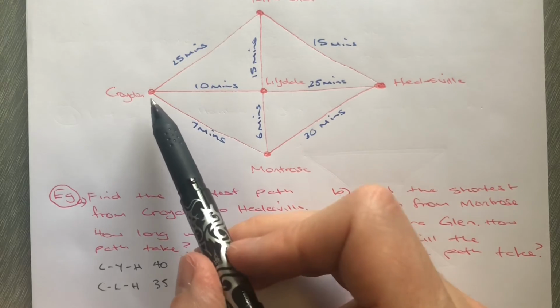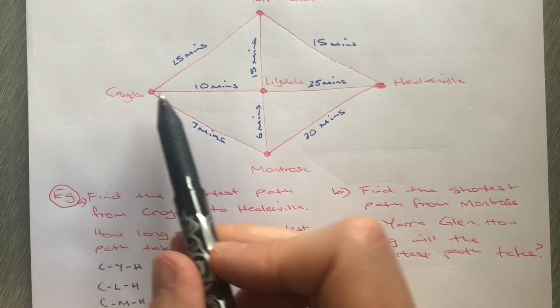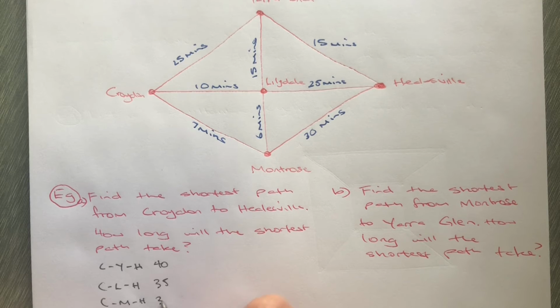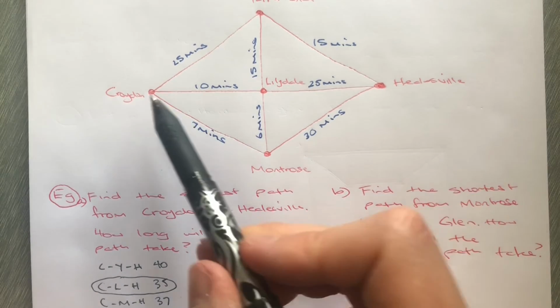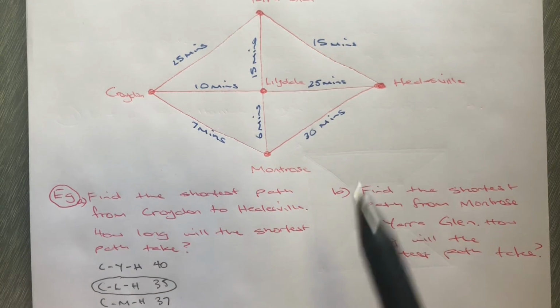Or we could go from Croydon to Montrose to Healesville, and that's going to take us 7 plus 30, which is 37 minutes. Now, we were asked to find the shortest path. So it looks like, from what we've done here, the shortest path is Croydon to Lilydale to Healesville.